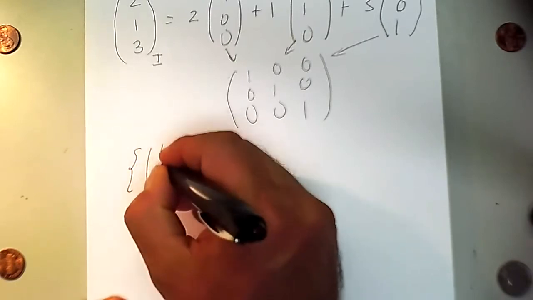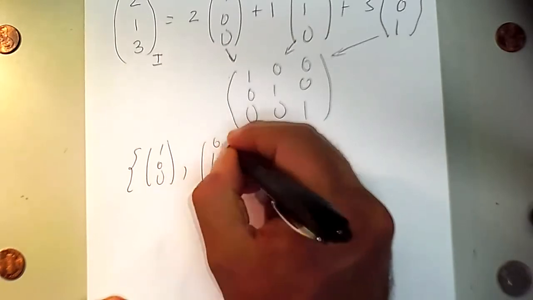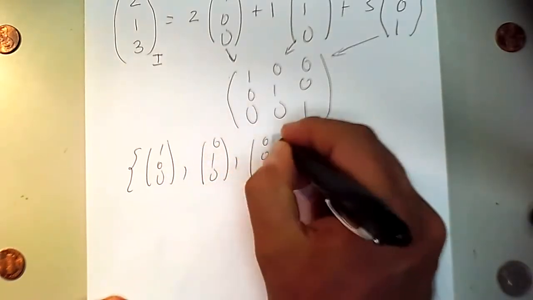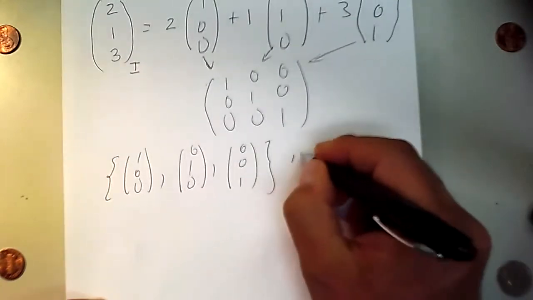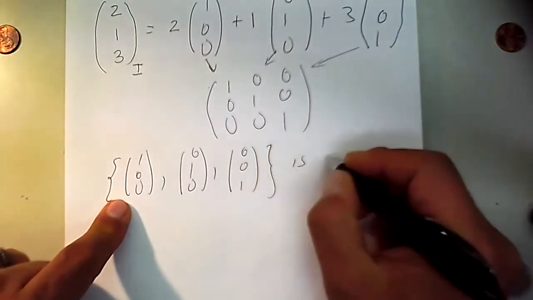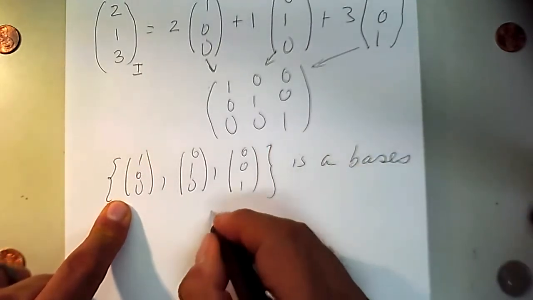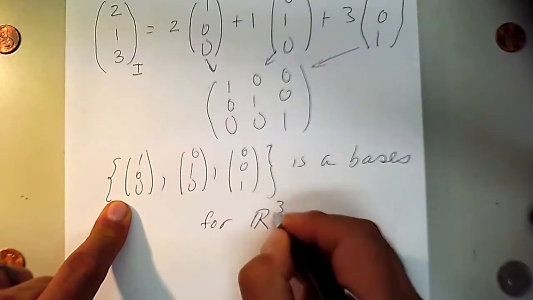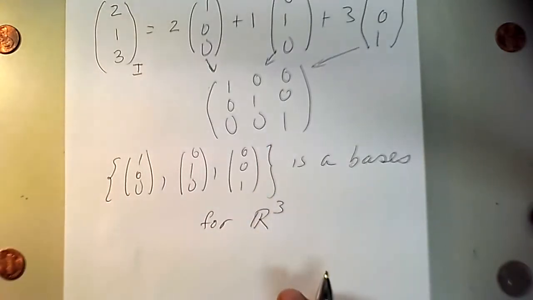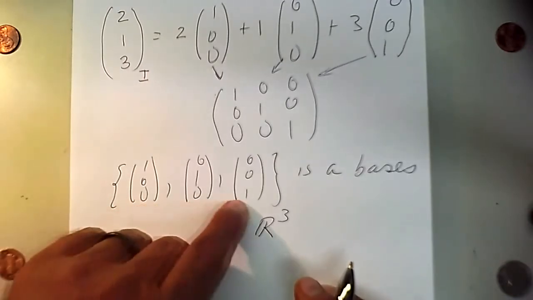So (1, 0, 0), (0, 1, 0), (0, 0, 1) is, now I'm using the singular because this is one set, a basis for R cubed, which means we can describe any point in R cubed using this.